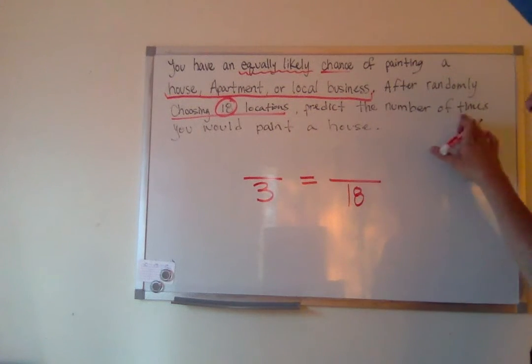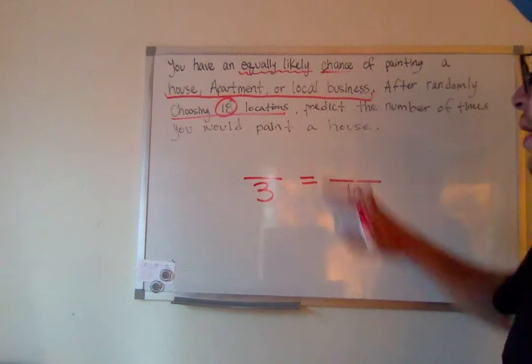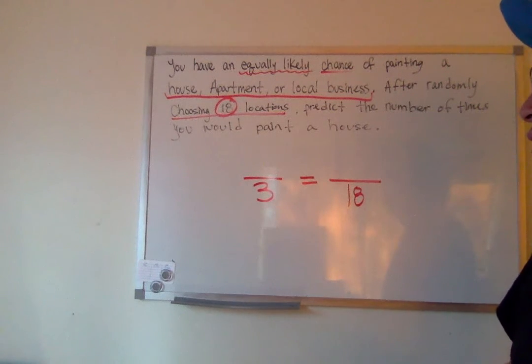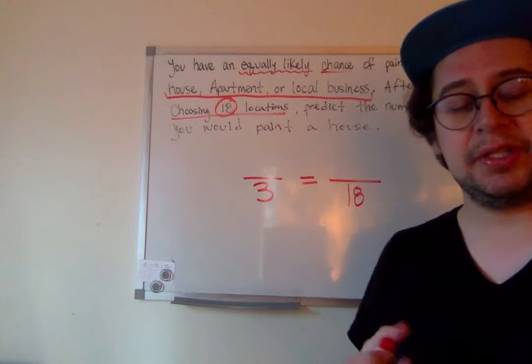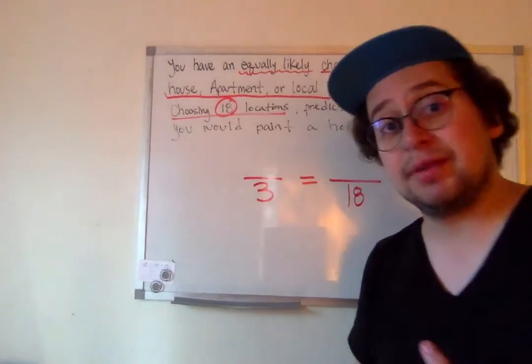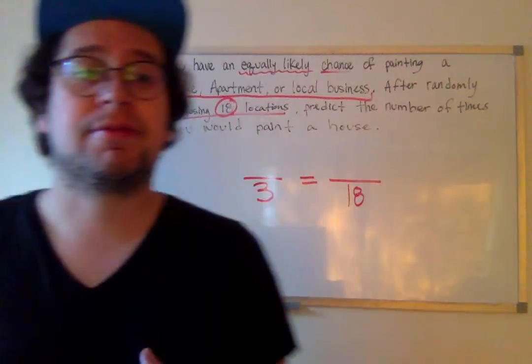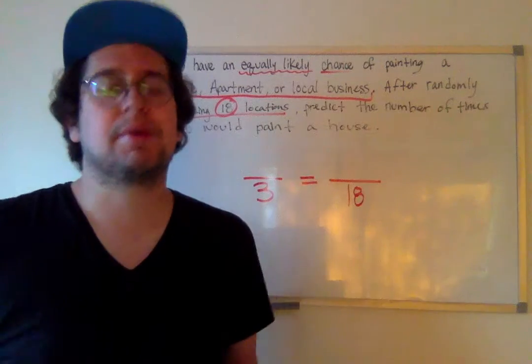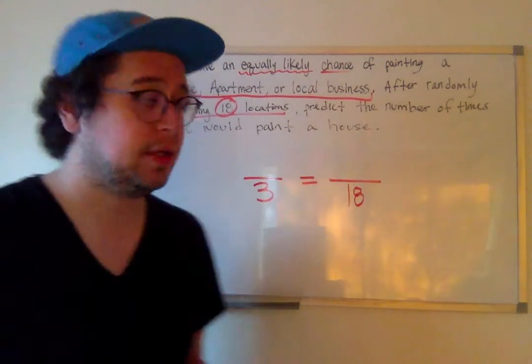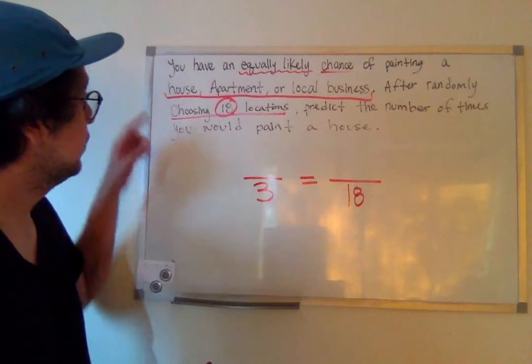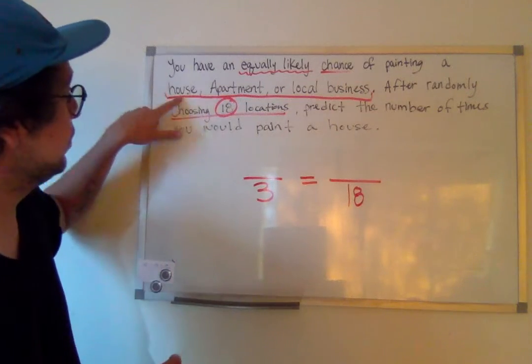Predict the number of times you would paint a house. Okay? So what we're looking for is the probability of a house, and then we want to predict the number of times we would get the house if we choose a location 18 times randomly. So a house, and there's 1, 2, 3.